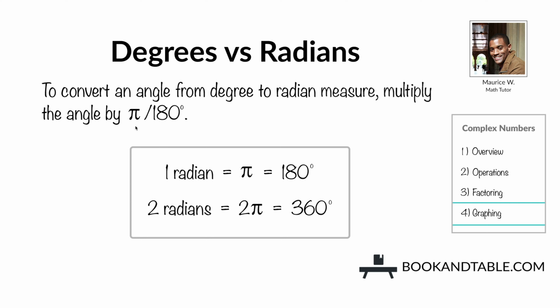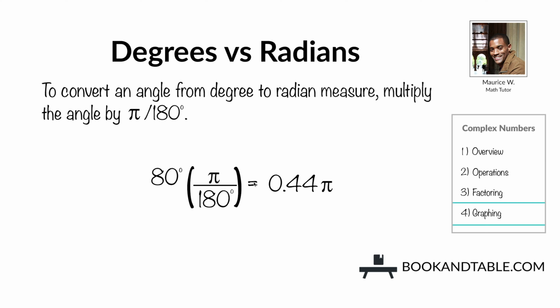So if we multiply an angle by pi over 180 degrees, since pi is equivalent to 180 degrees, we are actually multiplying that angle by 1. Any number divided by itself is equal to 1. So we are not changing the actual value of the angle. We are changing how we represent that value. We're changing it from degrees to radian.